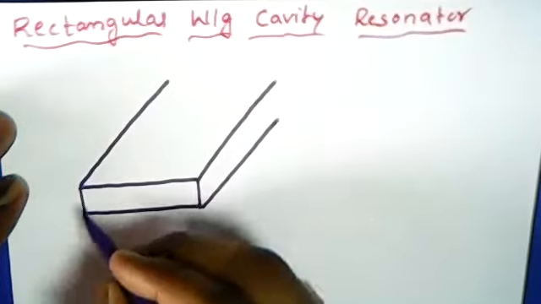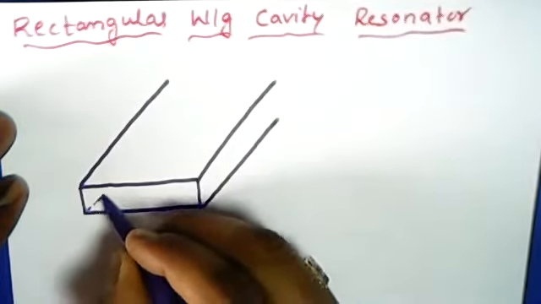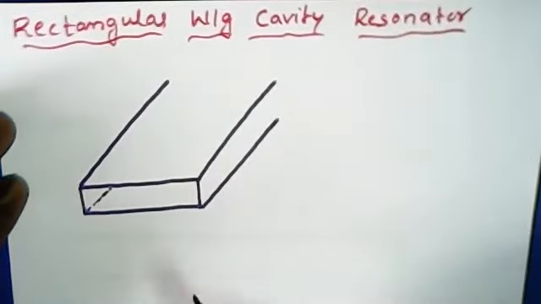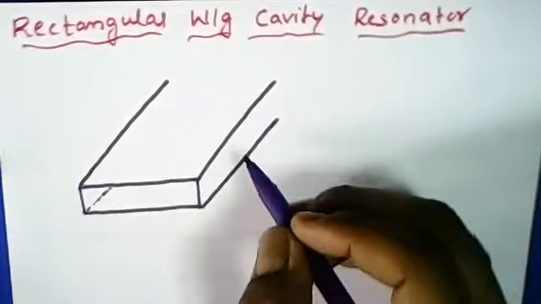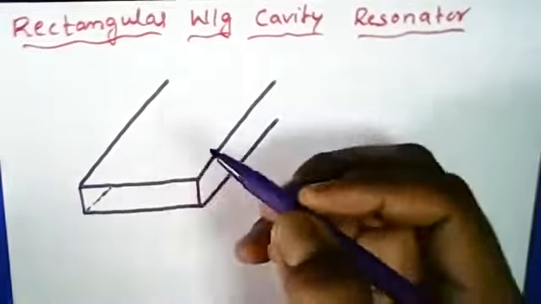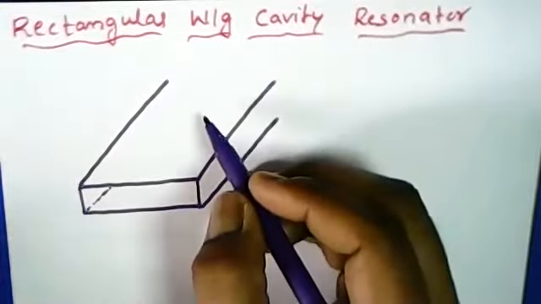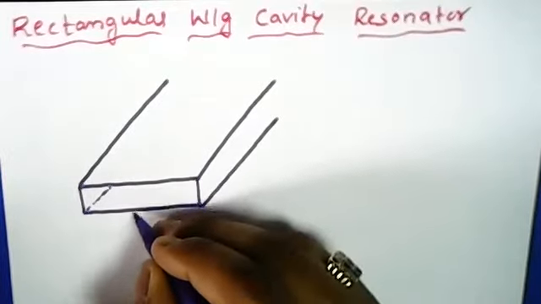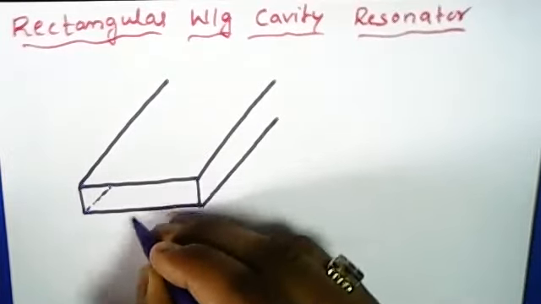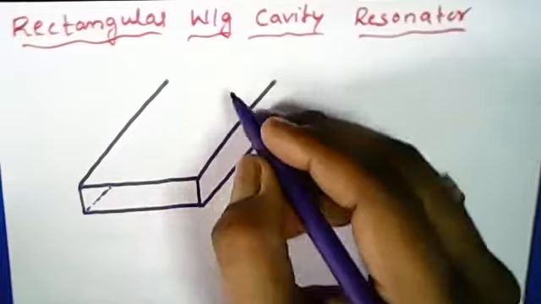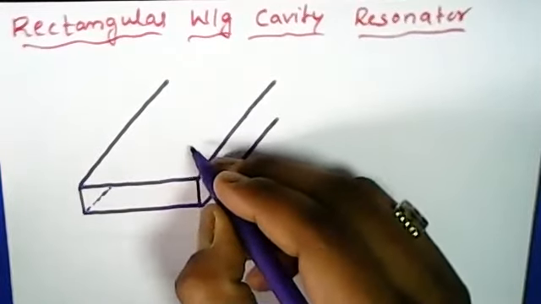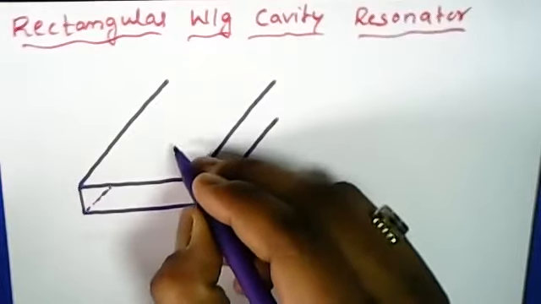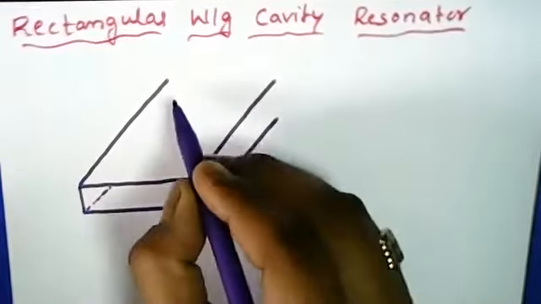Suppose a wave is made to propagate in this particular direction, then it moves inside this structure, entering it and moving in the forward direction.